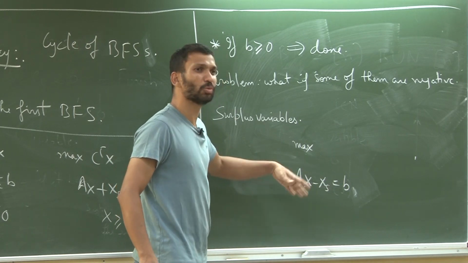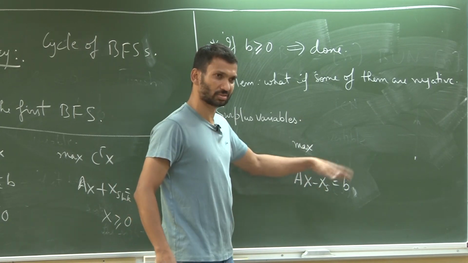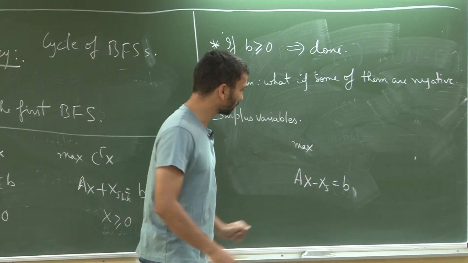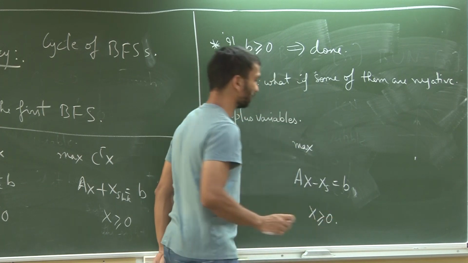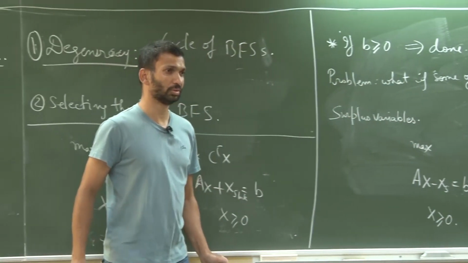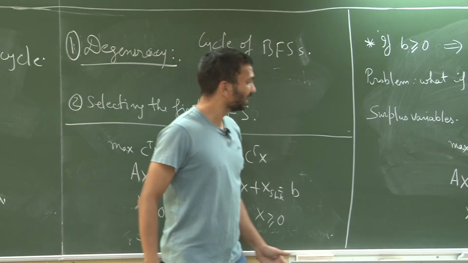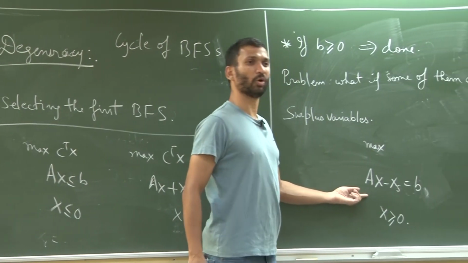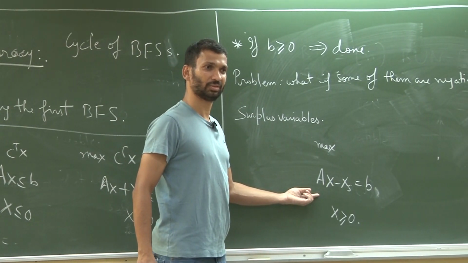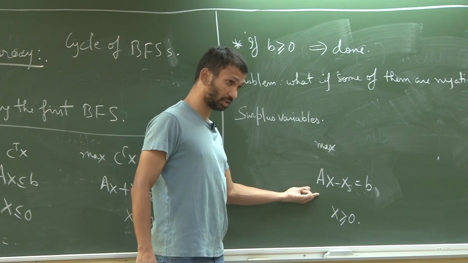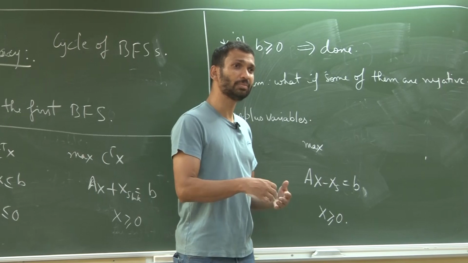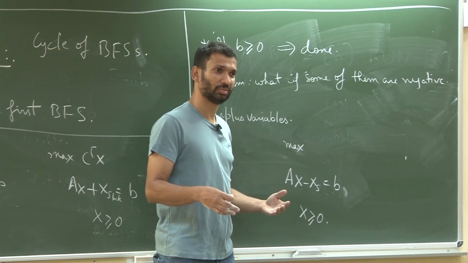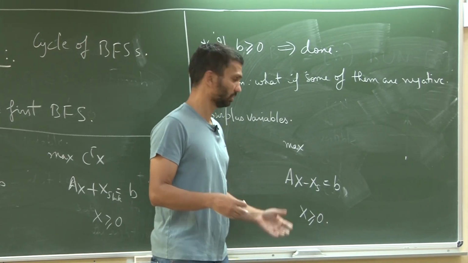So assume the other slack variables took care of the remaining ones. Now surplus variables, x greater than or equal to 0. But ultimately, what do I want? Ultimately, I want these surpluses to become 0.